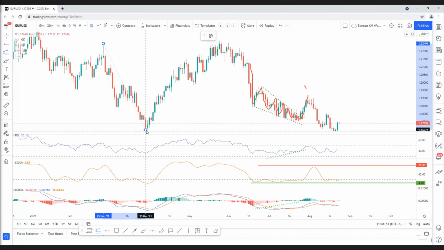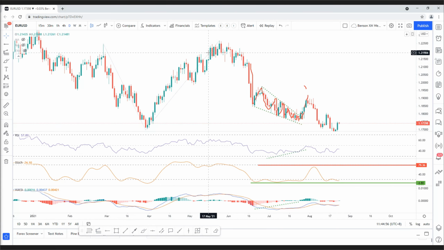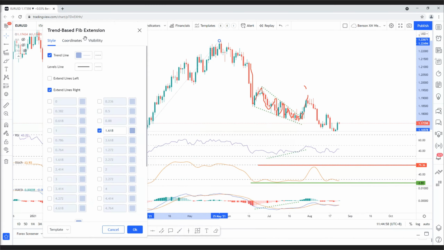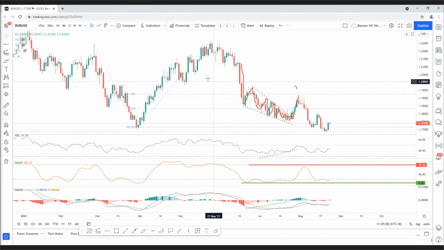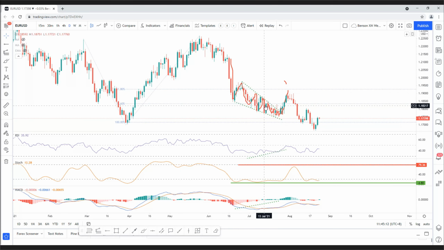Let me just take a look. If I put some fib extension, okay, so for fib extension and fib retracement over here, we see that the price has come down to it.